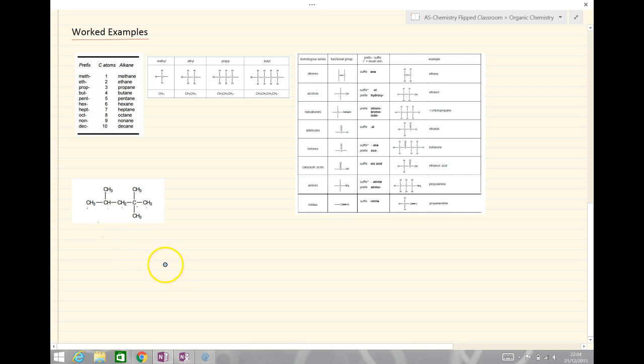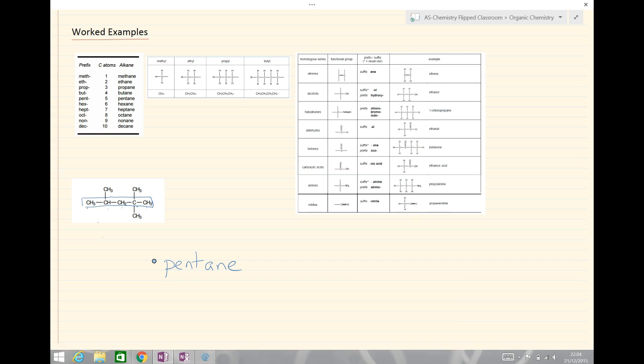So this, we're going to name it, is going to be based on pent. There's only single bonds, which means it's going to be pentane. And if I just highlight what we have dealt with so far, we've named the longest carbon chain and dealt with the fact that their functional group is a name, and we now got to deal with these side groups.